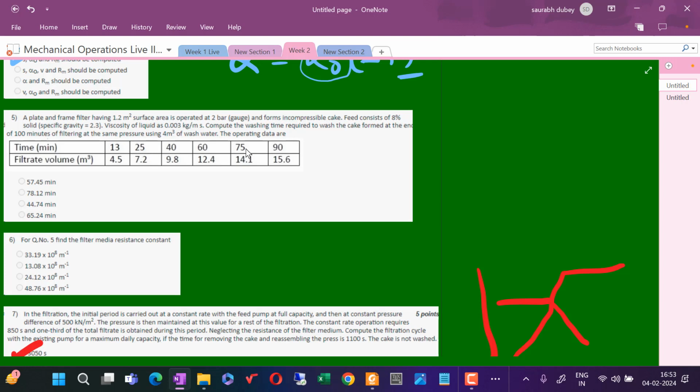Viscosity of the liquid is 0.003 kg per meter second. Compute the washing time required to wash the cake formed at the end of 100 minutes of filtering at the same pressure using 4 meter cube of water. The operating data are given, and you are given the plate and frame filter which is having 1.2, so area is given.